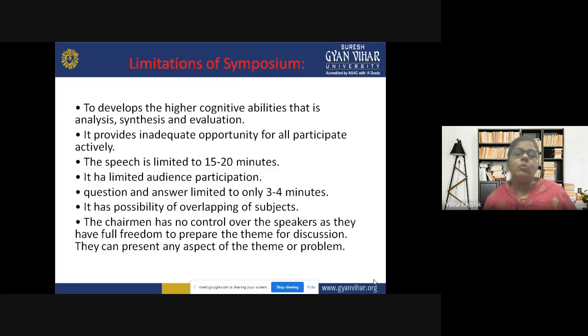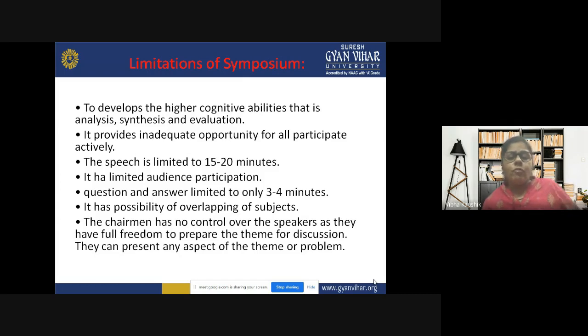The chairman has no control over the speakers, which means the chairman has to establish full control over the speakers, but sometimes they don't have control, as the speakers have full freedom to prepare the theme for discussion.